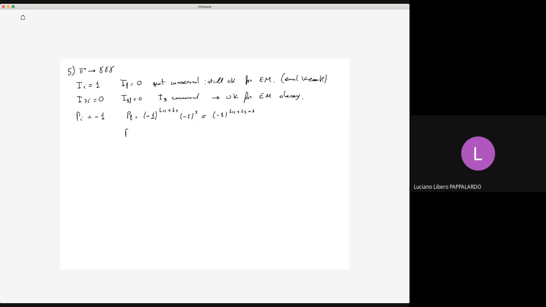So the final state parity can be equal to the initial state if L12 plus L3 is even. So still possible. So why can this decay not occur?